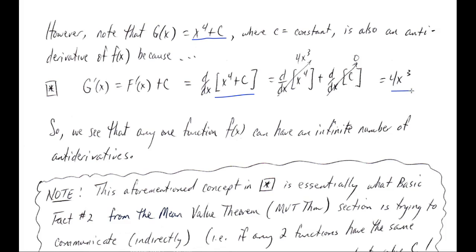So what we notice here is that x to the fourth is not the only antiderivative of 4x cubed. Matter of fact, x raised to the 4 plus any constant would be the antiderivative for 4 times x raised to the 3, or 4x cubed.